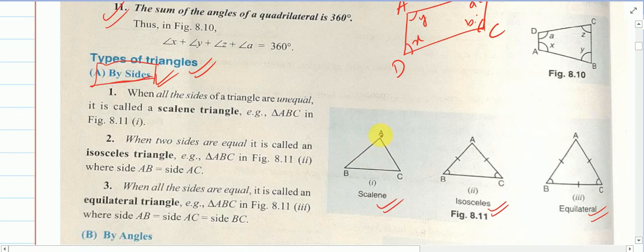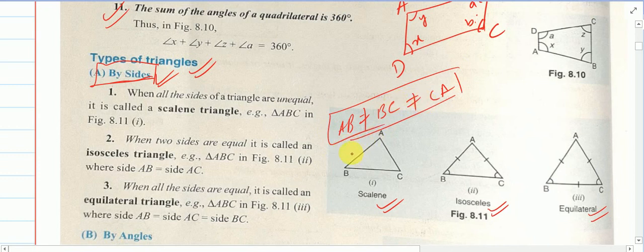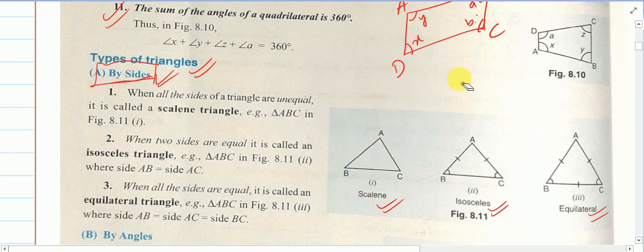Like here, AB will not be equal to BC, BC will not be equal to CA. For example, let's say this is 2 centimeters, this is 3 centimeters, this is 4 centimeters. None are equal. So in that case, if you have a triangle where all sides are unequal, different, then that triangle will be called scalene.